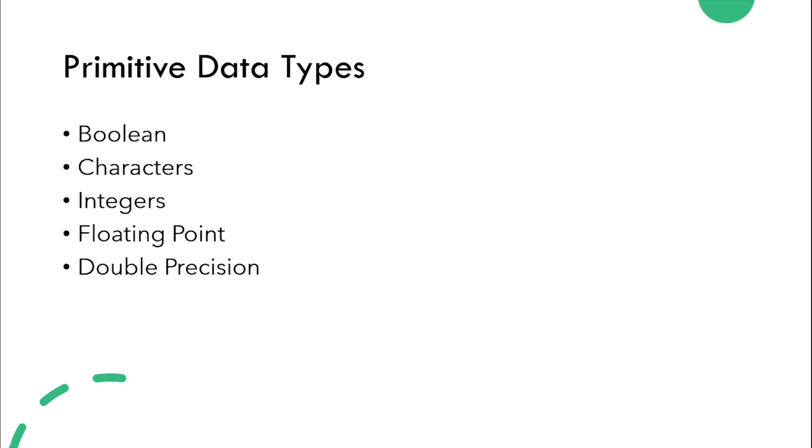We have characters that just store character values like A, B, C, D, like letters, or special characters like tabs or new lines. And then we have integers, which store integer numbers. And we have floating point and double precision, which store decimal values. So let's take a look at these more in depth.